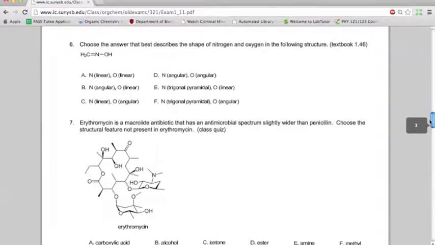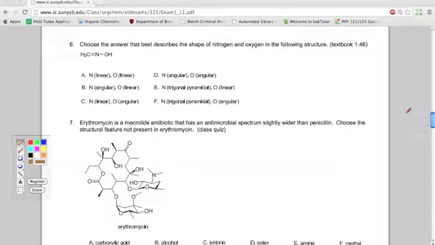Now they give you a structure and you want to figure out the geometry of it. I would recommend you writing this on your card. But before we start with the geometry, we're going to add on any lone pairs or hidden hydrogens. And you could find that by determining the formal charge.